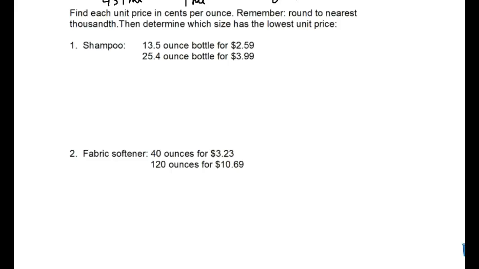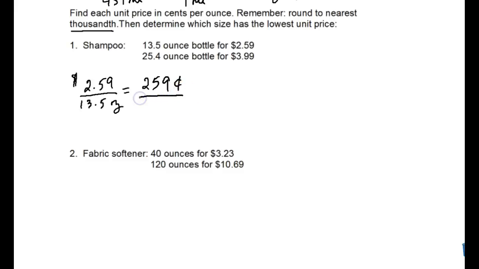Remember the unit price problems, we find the price in cents per ounce, and we round to the nearest thousandth of a cent. And then we're going to determine which size has the lowest unit price. So if I have $2.59, and we have 13.5 ounces, remember we took the $2.59 and changed it into 259 cents.